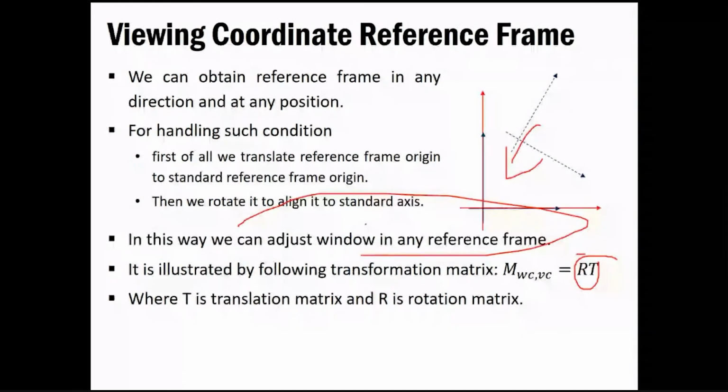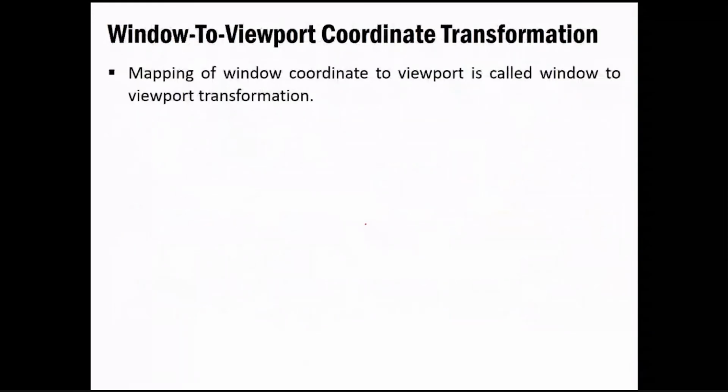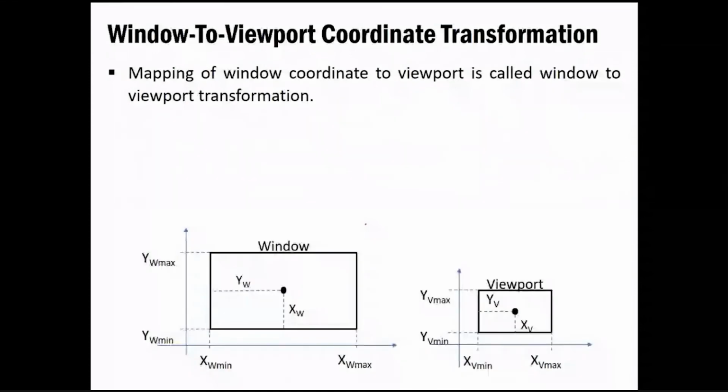So now, window to viewport coordinate system. Mapping of window coordinates to viewport is called window to viewport transformation. We have something over here and we know what is to be displayed, but now we need to define where we want to display this shape. We define it with the help of viewport coordinates.